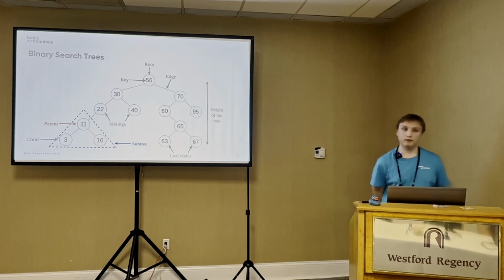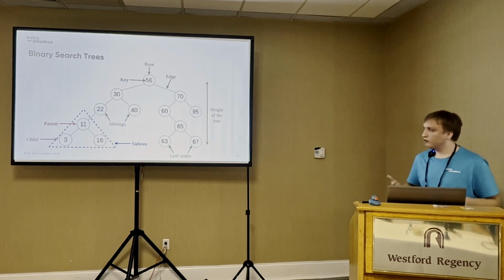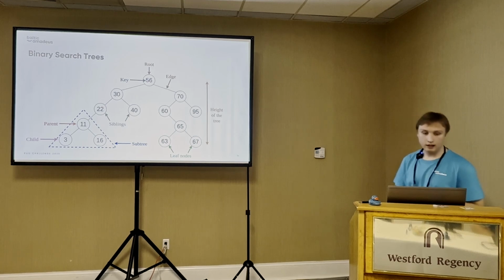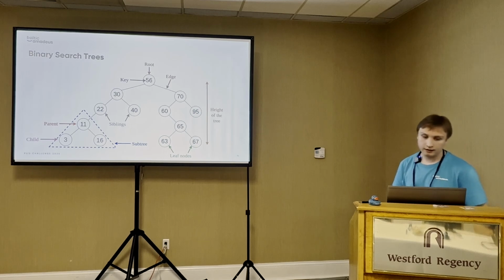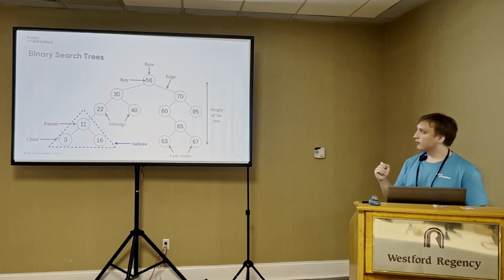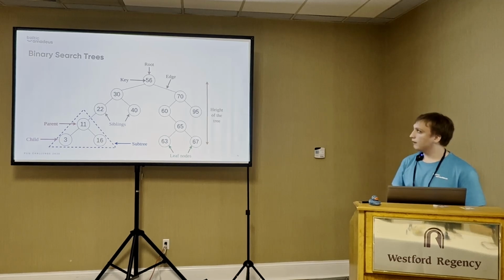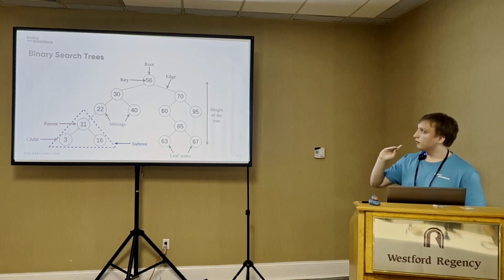And here I gave a kind of short refresher on the terminology used in data structures and more specifically in trees. So you can see at the top, we have the root, and then we have edges connecting the nodes, and then everything connected by the edges.